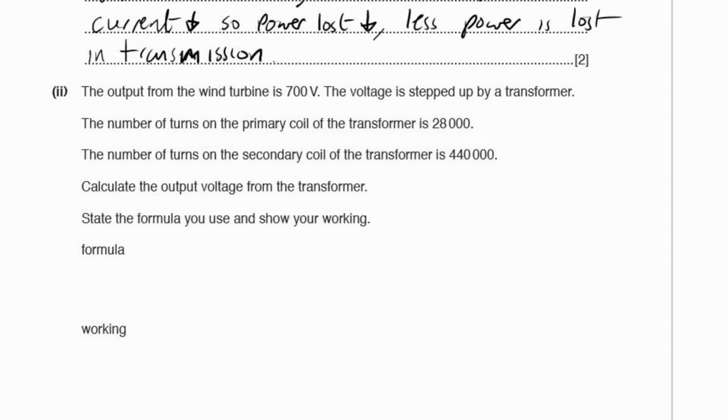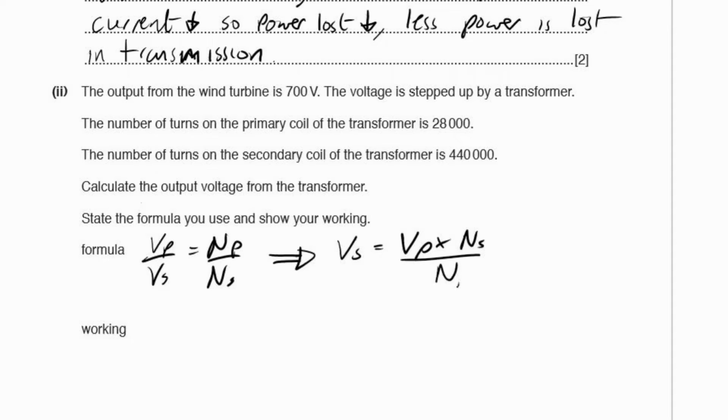Okay, so what we need is our equation for transformers. That's the voltage in the primary divided by the voltage in the secondary has the same ratio as the number of turns in the primary divided by the number of turns in the secondary. Because we want to find the voltage in the secondary coil, we rearrange that, and that gives us Vs equals Vp times Ns all over Np. Now we can do our working out.